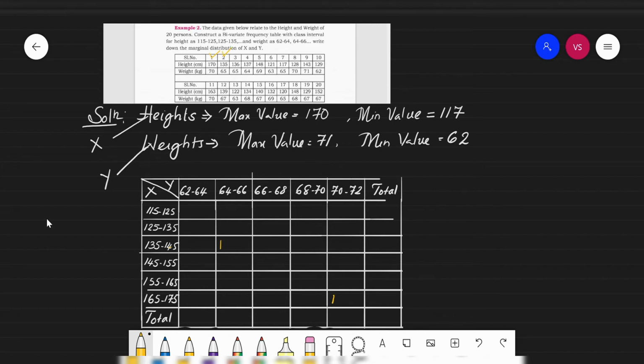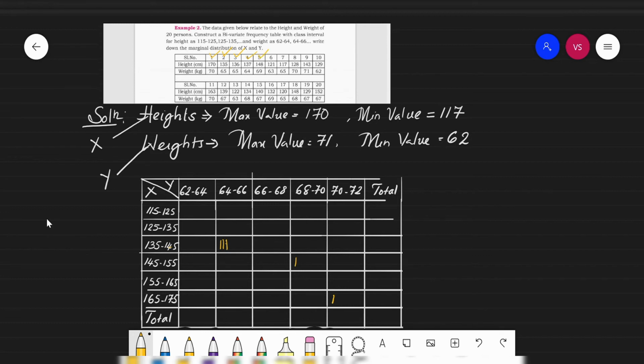Then 136, 65. 136 comes under 135 to 145, and 65 again comes here. So this also is red. Then 137, 64, the same place. Then 148, 69. Here it is. The fifth person also is red.